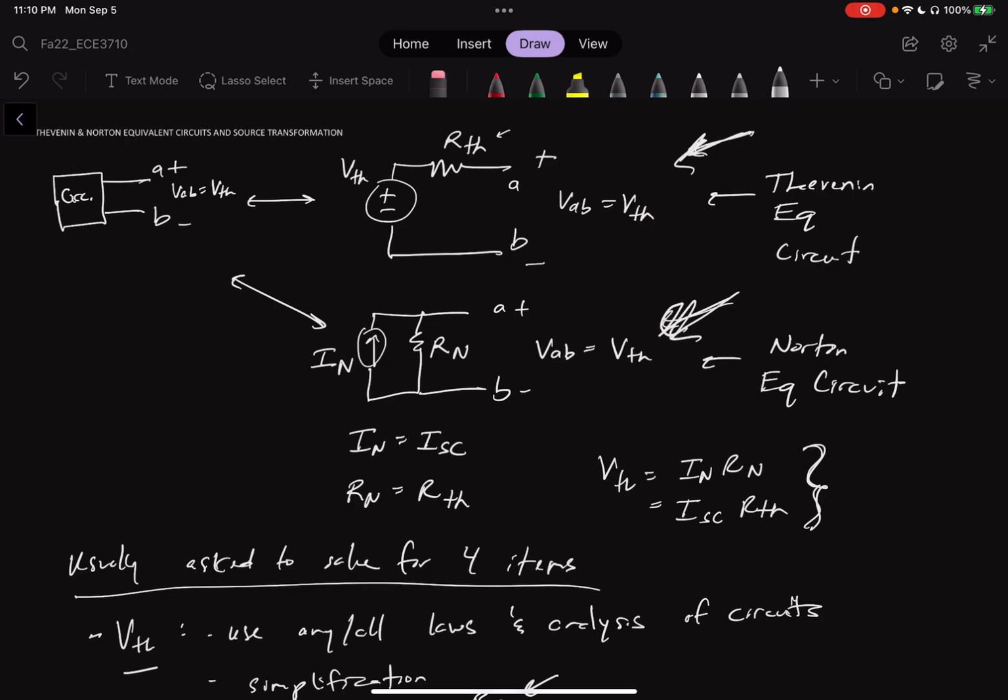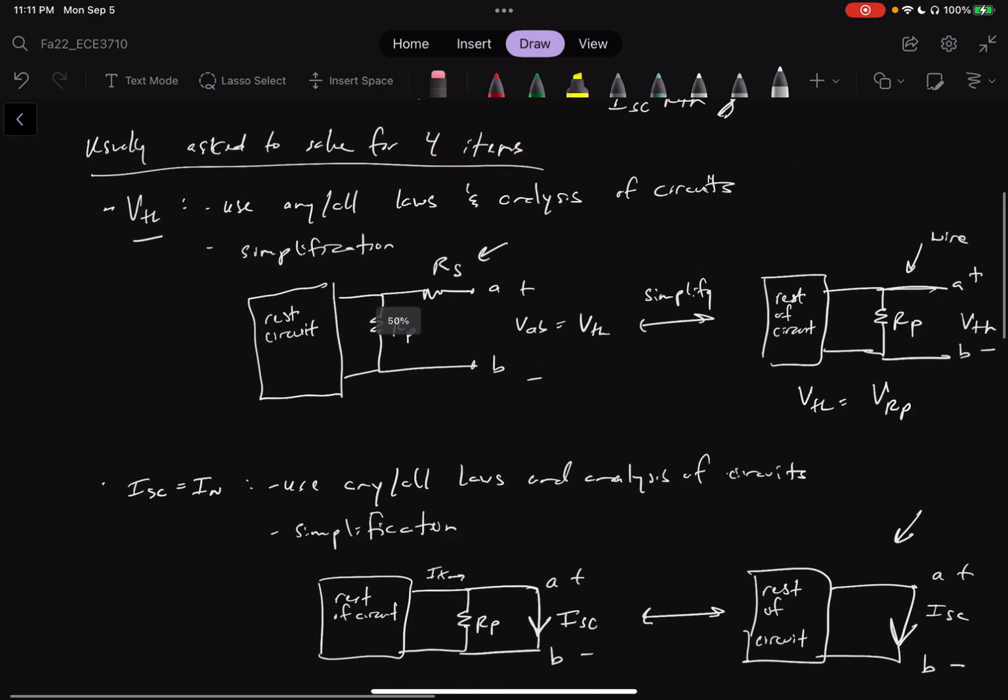The relationship between these two circuits that are equal to each other is shown here. V Thevenin is equal to the Norton current times a resistance called R Thevenin or R Norton. It's also important to know that Rn is equal to R Thevenin, and In is equal to Isc. Another way to do this, like I said earlier, I had it drawn but I erased it: if you just shorted the node, that's where Isc comes from, okay?